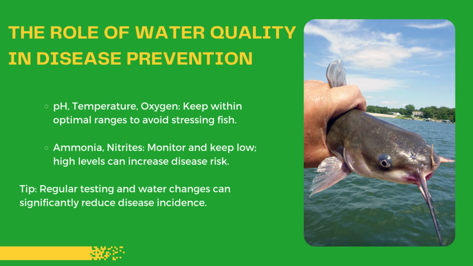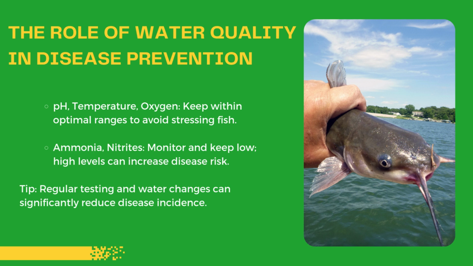What is the role of water quality? Water quality is important. You see the pH, the temperature, the oxygen, always keep it within optimal range. In our previous videos, we've spoken about the optimal range. If you keep them at optimal range, your fish will not be stressed. Ammonia and nitrite, always monitor and keep it low.